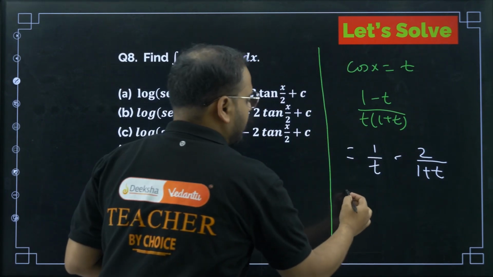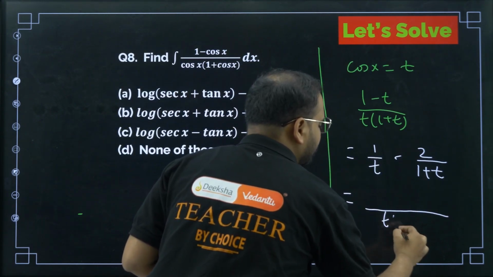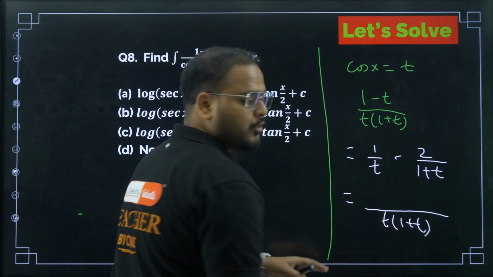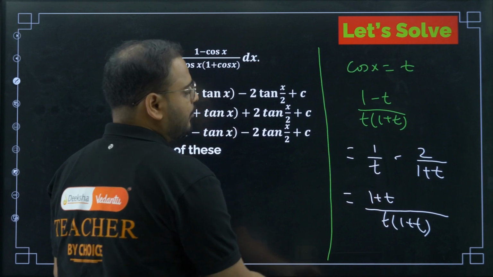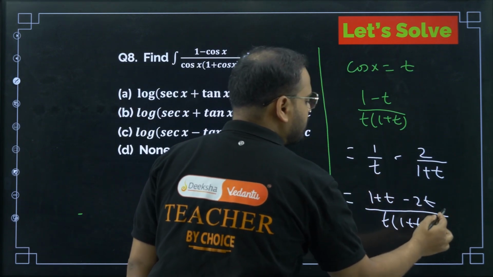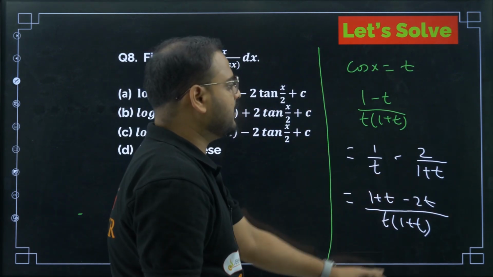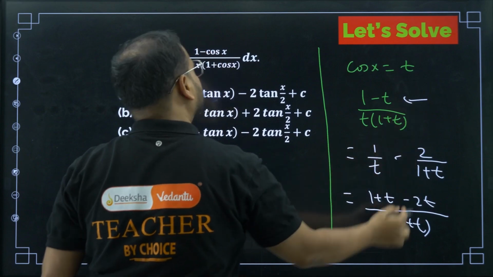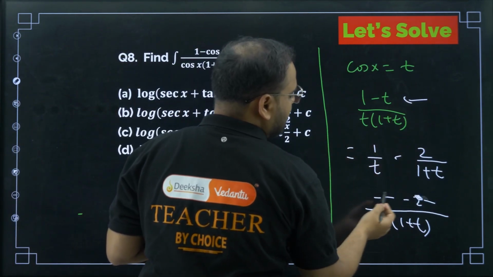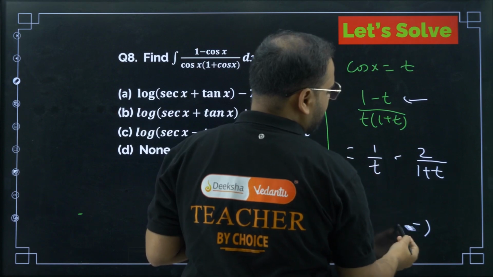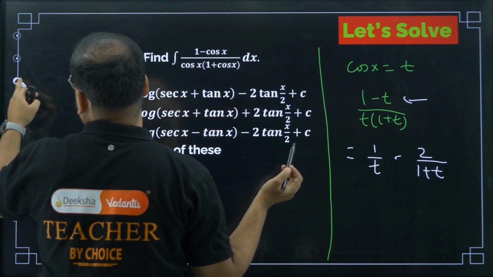If you take LCM over here, t times 1 plus t, it will become 1 plus t, and then 2 times minus t, so minus 2t, and we get 1 plus t minus 2t, 1 minus t. So this is for this part. I can see this directly, so that's why I'm doing it like this.